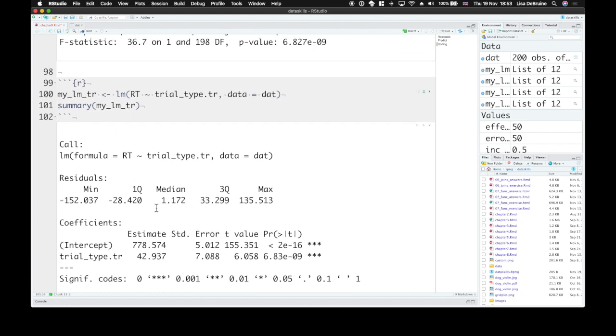But for treatment coding, we're checking to see is the mean of the 0-coded category different from 0. So is 778 significantly different from 0? We'll have a different t-value for that and a different p-value because it's a different question. So you need to set up your analysis based on what the question is you have, and then interpret your estimates in light of the way that you set it up.